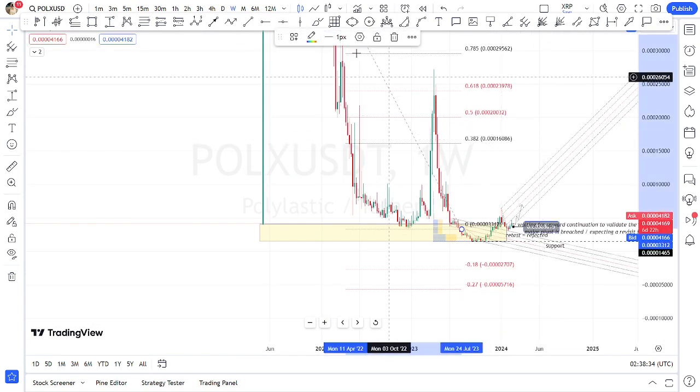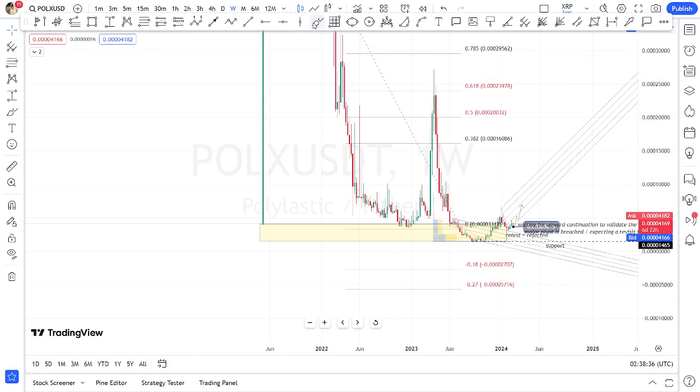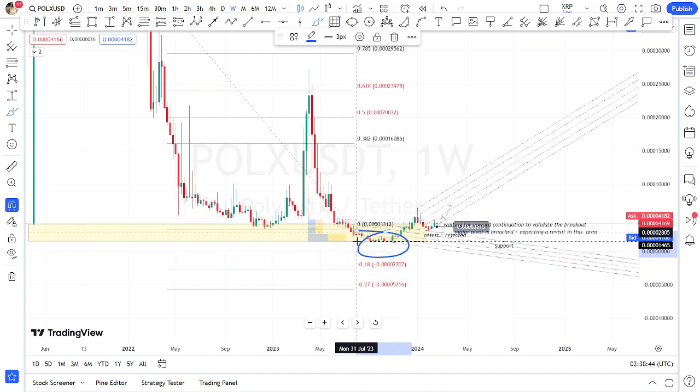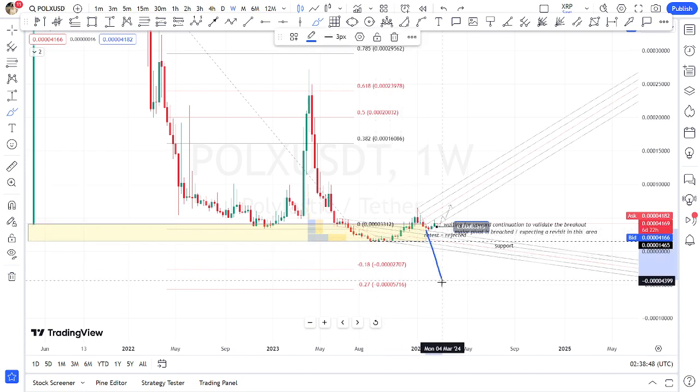So this is the real setup. We are almost at negative 18, so we're almost there. The potential can hit until 0.27 before it will pump.